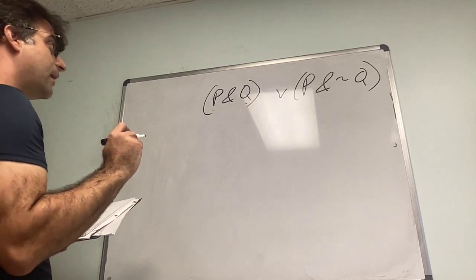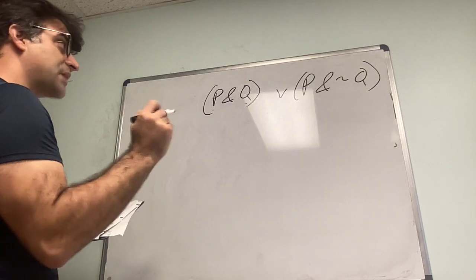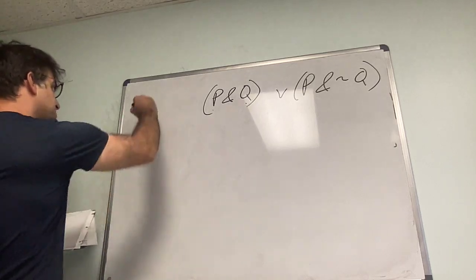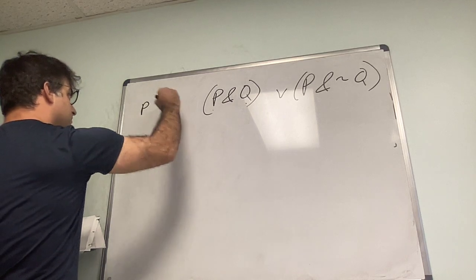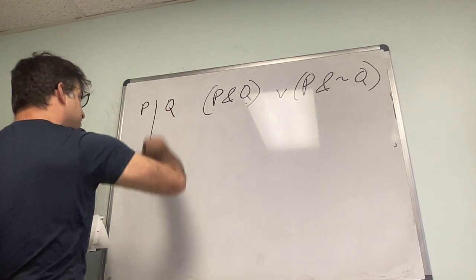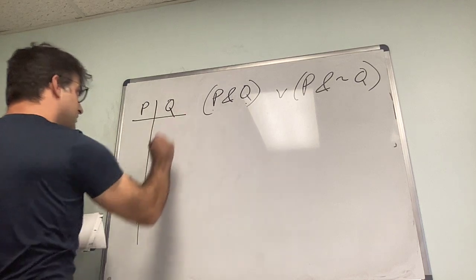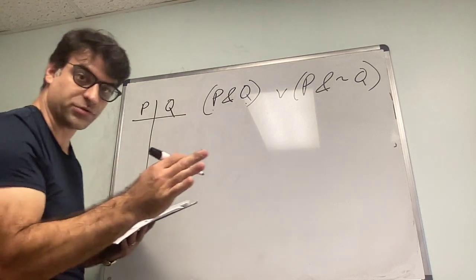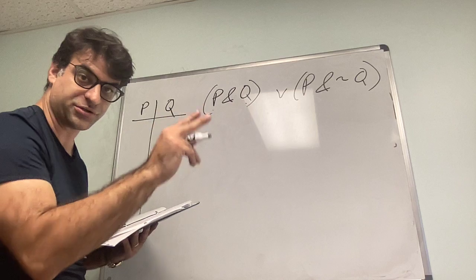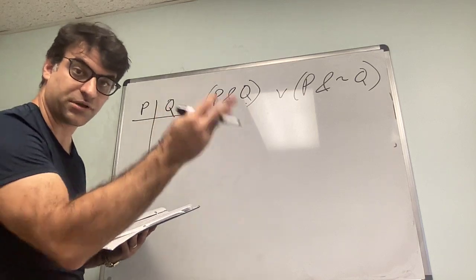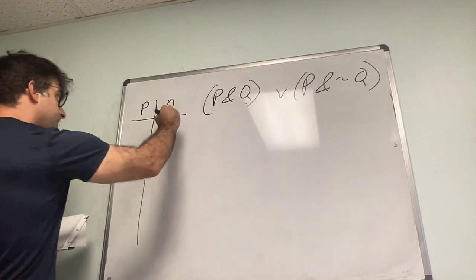Okay, but what does the truth table look like for this propositional statement? You have two distinct capital letters, P and Q. So you're going to have 4 rows. 2 letters, 4 rows; 1 letter, 2 rows; 2 letters, 4 rows; 3 letters, 8 rows, and so on.